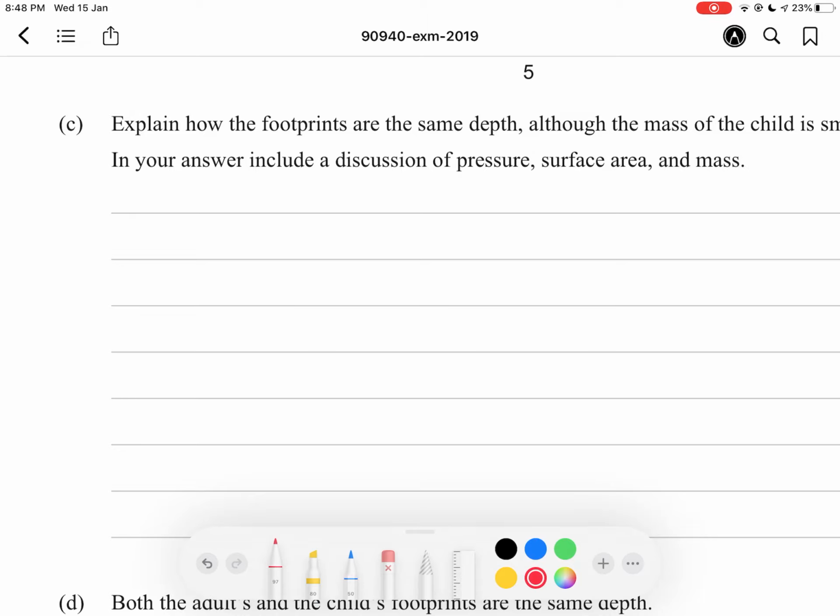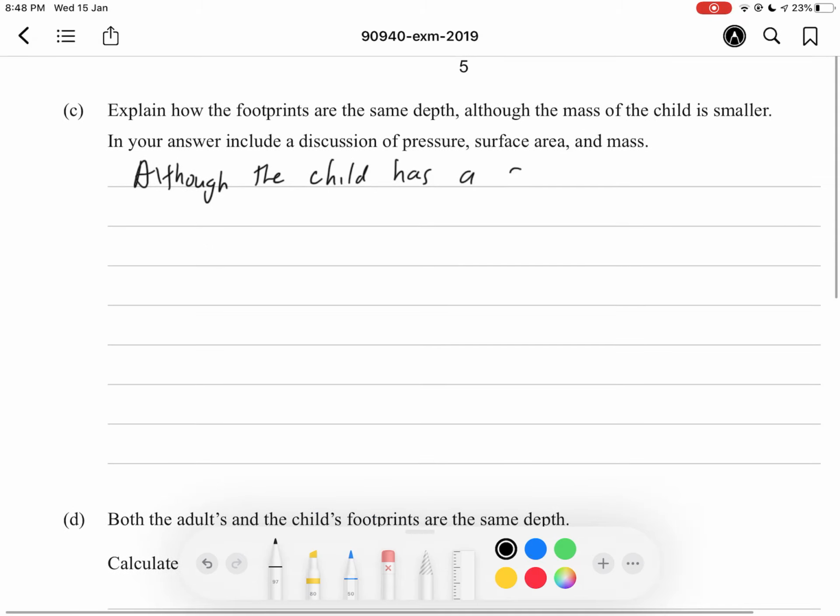Explain how this. So you can say, the child's mass.